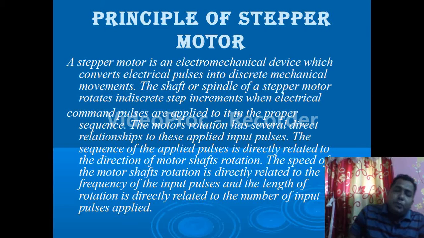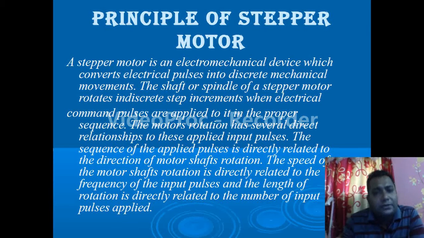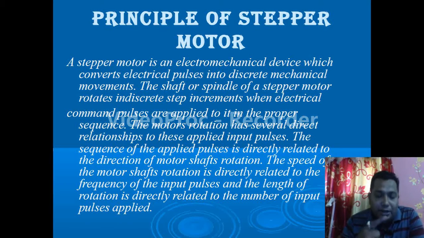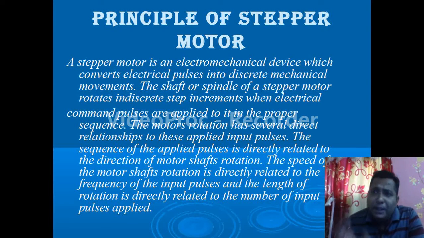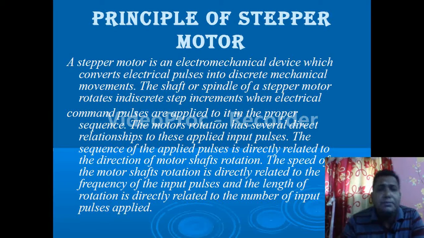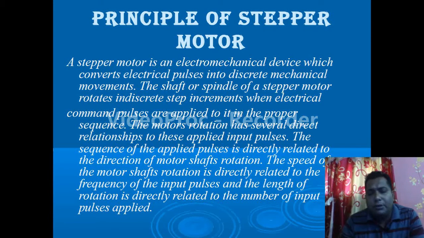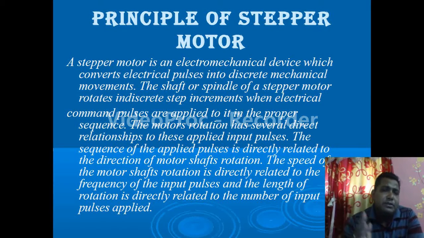So, two points we can see here. The speed of the motor shaft rotation is directly related to the frequency of the input pulses. That means whatever input pulse we give to the system has some frequency, and if the frequency is higher, the speed of the motor shaft rotation will be higher. If the frequency is lower, the rotation of the motor shaft will be slower.